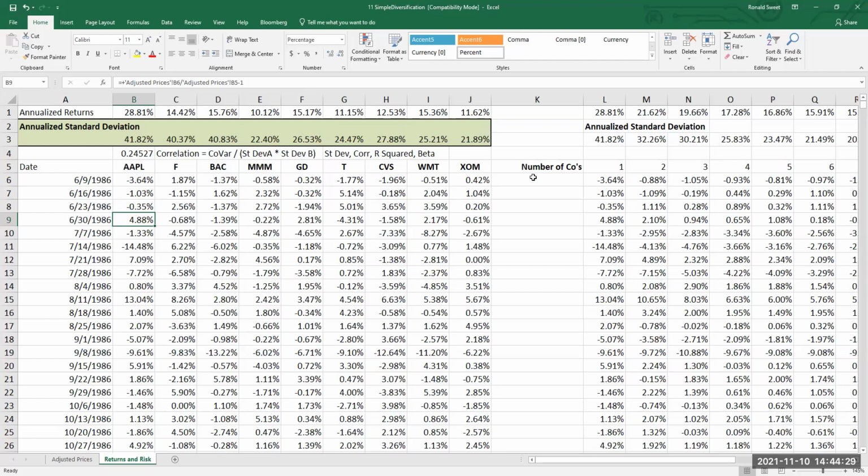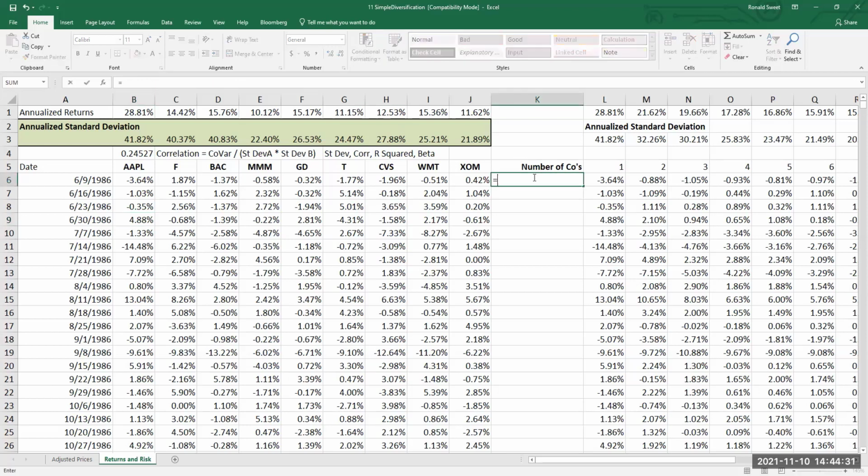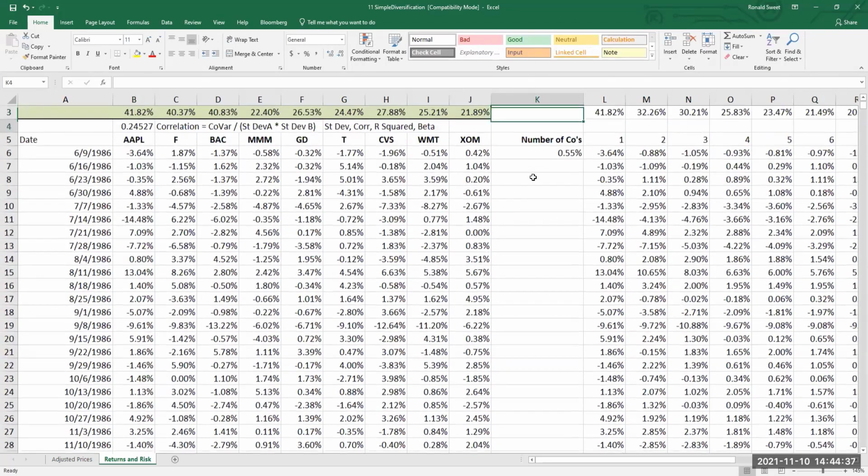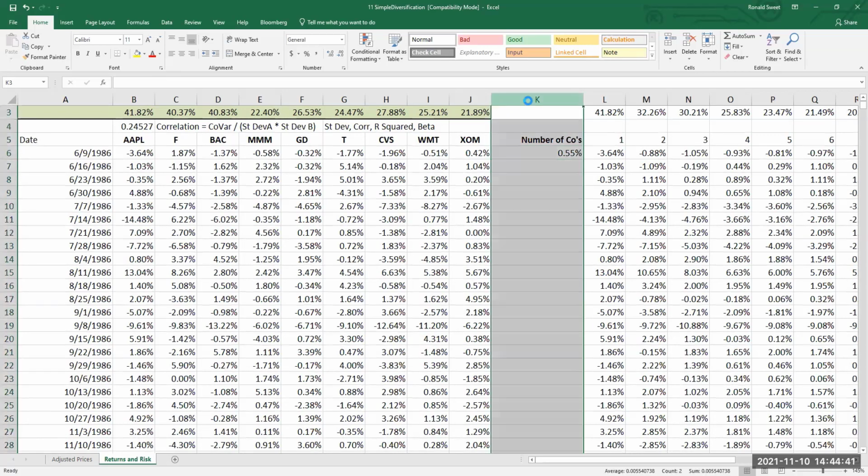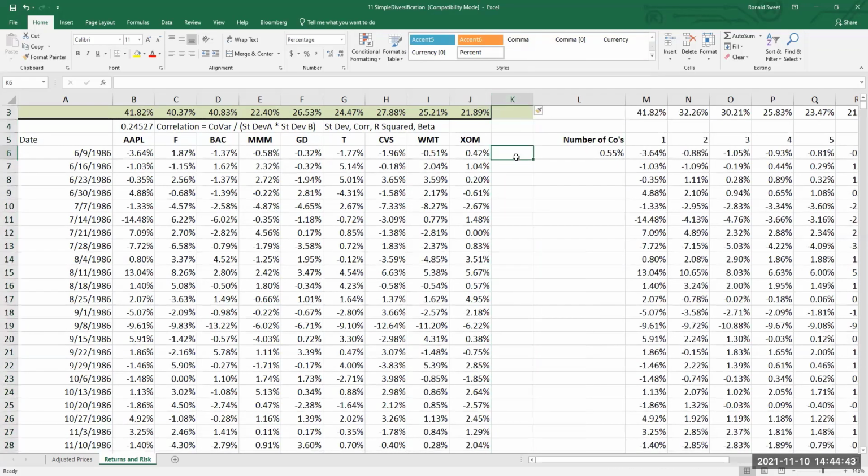Let me actually calculate it. The average for Apple was 0.55. So they made on average 0.55 a month. What standard deviation says is, I'm going to take that 364 minus the 0.55, and lock it in. That's a big difference.